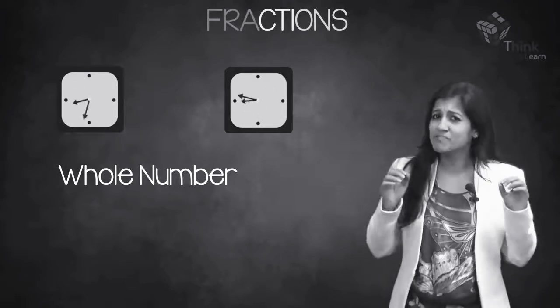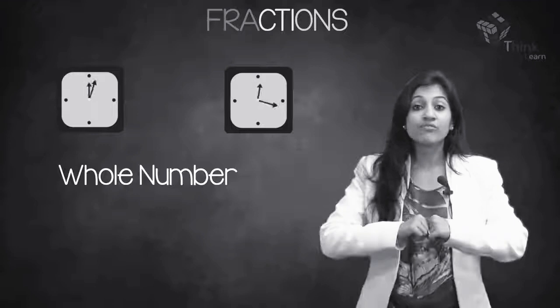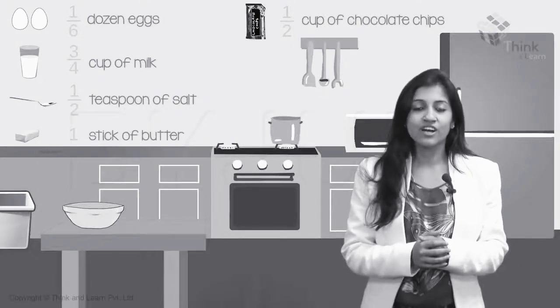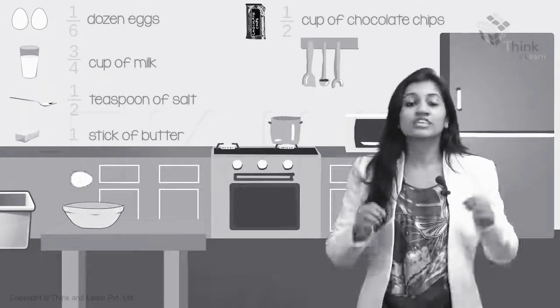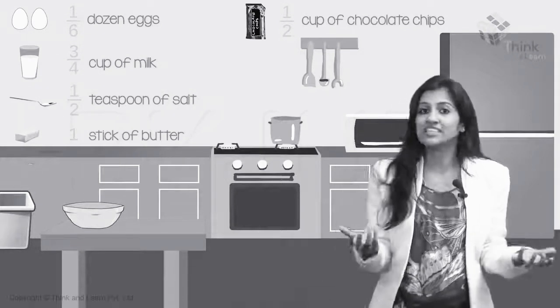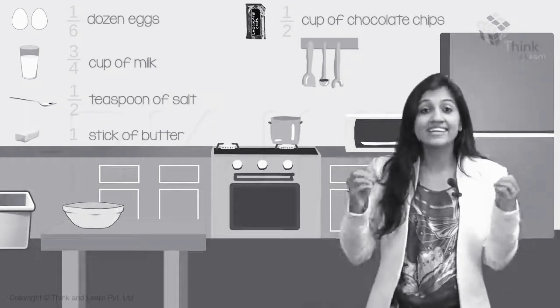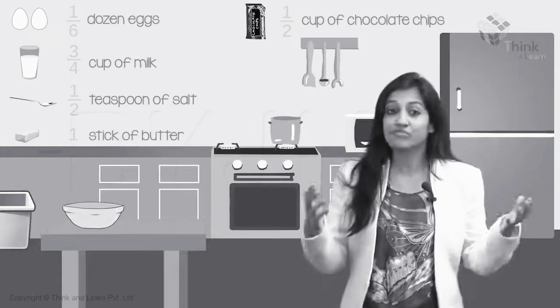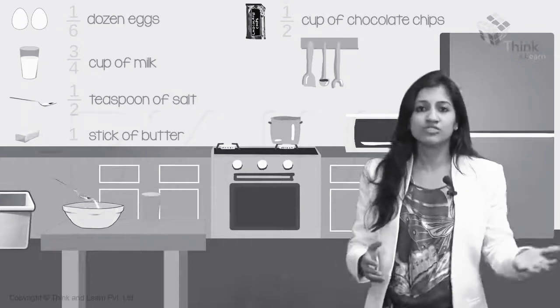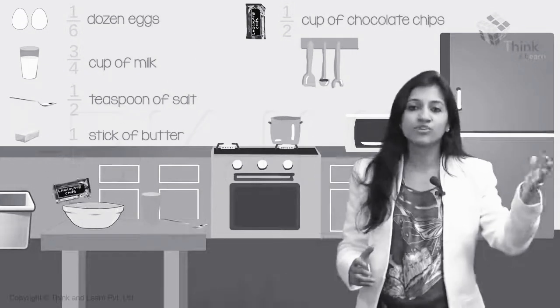And the amazing part here is that there are fractions everywhere. If you don't believe me, try baking a cake without using fractions. When you put 2 eggs into the cake mix, you're using 2 out of 12 eggs, which is like 1/6 of a dozen. In fact, every ingredient in a cake recipe is a fraction of something. 3/4 cup of milk, half teaspoon of salt, stick of butter, half a cup of chocolate chips.